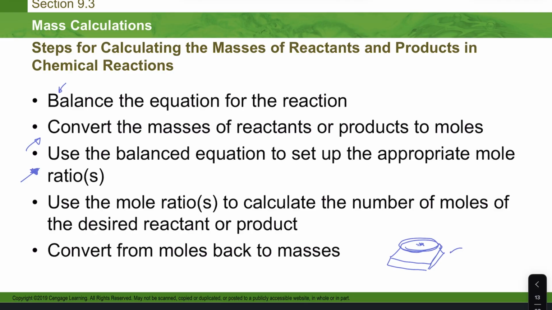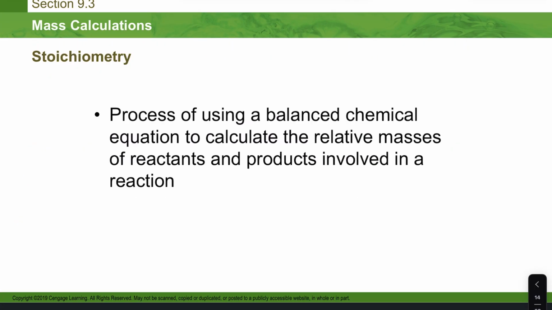Once you're in moles, you can convert from one substance to another, just as we did before. And then we want to use the mole ratio to calculate the number of moles that we have. Finally, we can convert back to masses. This is called stoichiometry. So this is using balanced chemical equations to determine the masses of your products and your reactants.